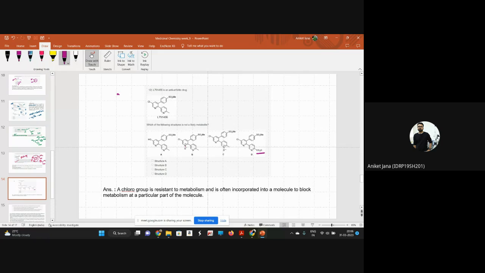Here in this pyridine ring and here in this pyridine ring, O minus is formed. So structure A cannot be the metabolite of this compound, as in place of the chloro a phenolic OH group is present there, right? Is this clear to everybody? Yes, sir.